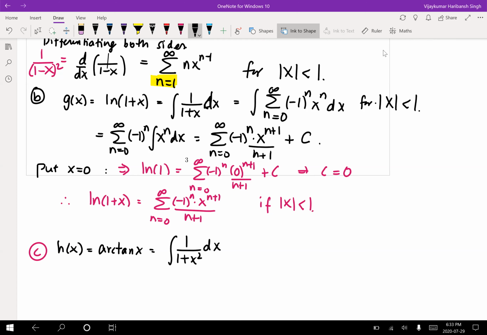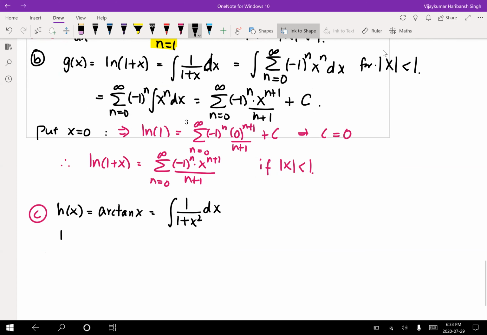Now we already know that 1 upon 1 plus x squared is 1 upon 1 minus of minus x squared. This is going to be summation n equals 0 to infinity minus 1 to the power n x to the power 2n.